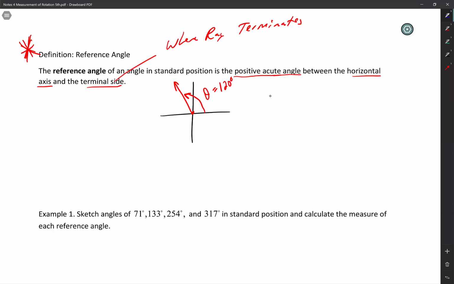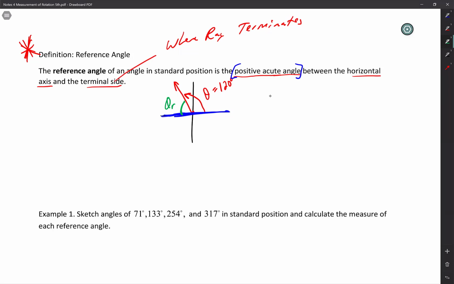Well, according to this, it says that it's a positive acute angle between the horizontal axis. Well, here's the horizontal axis right here, all this in blue. And it needs to be an acute angle. So then that means we're talking about this angle here. So that's my theta, and I put a little r to indicate that it's a reference angle.